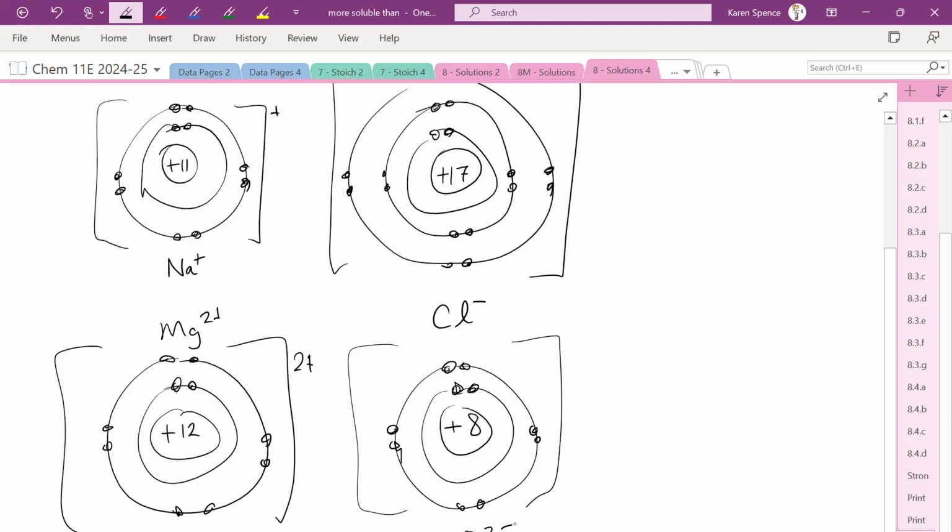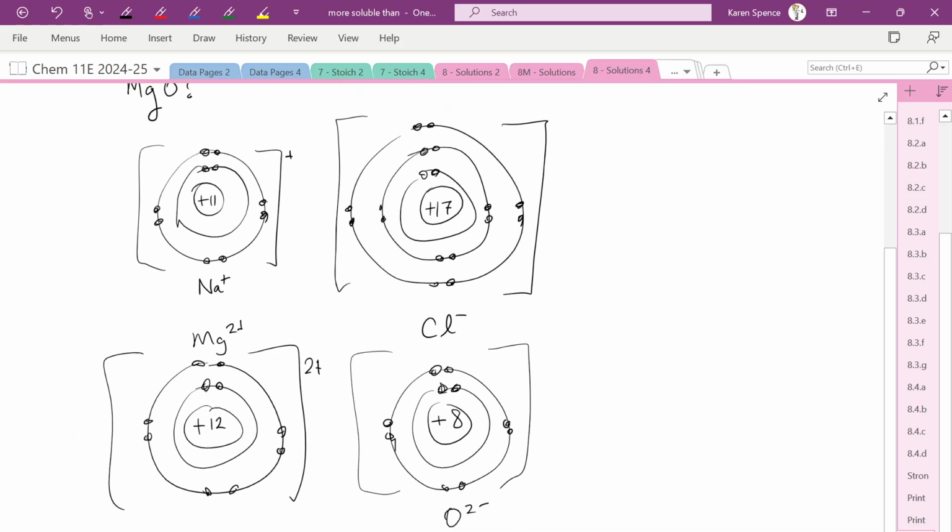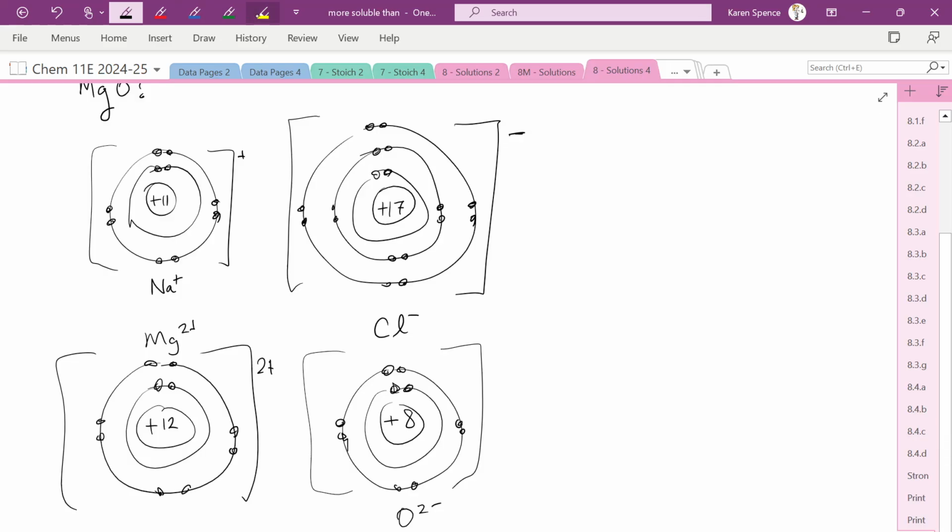Okay. We have sodium chloride, we have magnesium oxide.